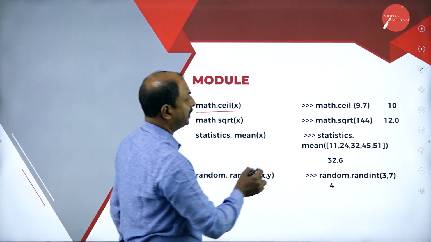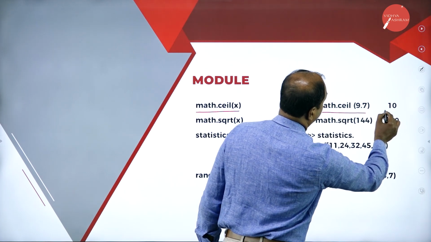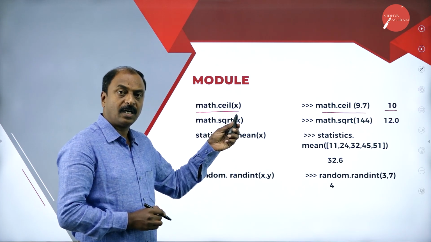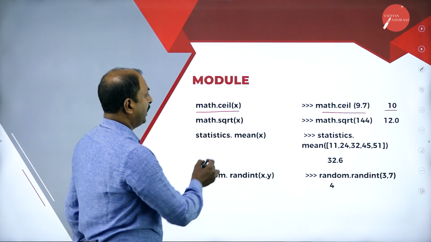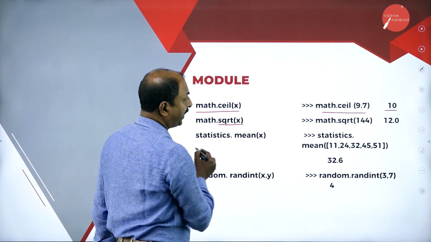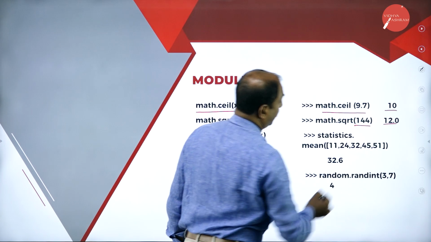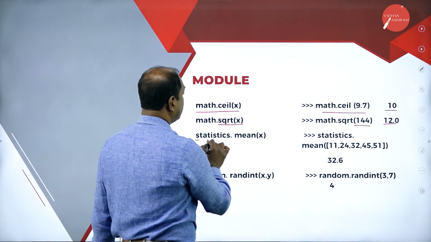The result of math.ceil of 9.7 is 10. This is again a built-in function which is inside a module called math. Similarly, math.sqrt of x. Here the square root of 144 is 12. It results in 12.